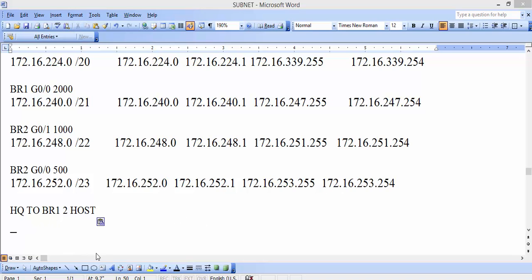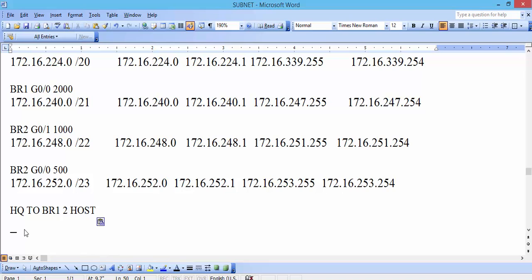Now for HQ to branch 1 for the two hosts, we get 172.16.254.0, and it's a /30 network for two hosts.